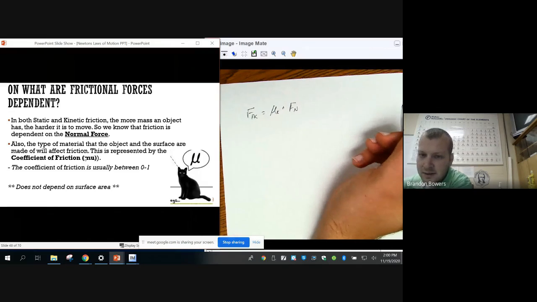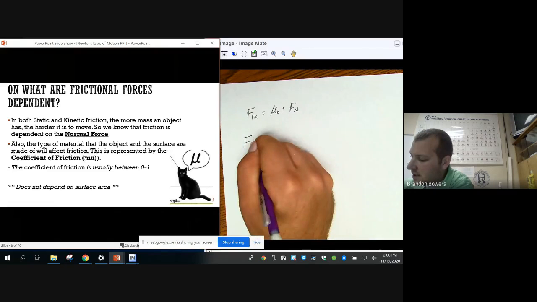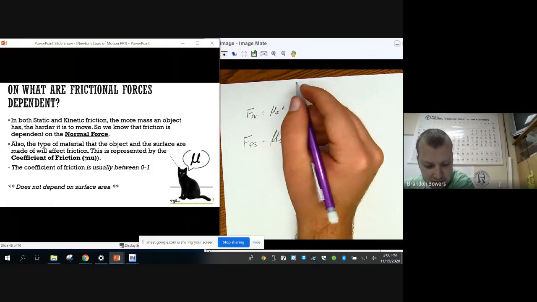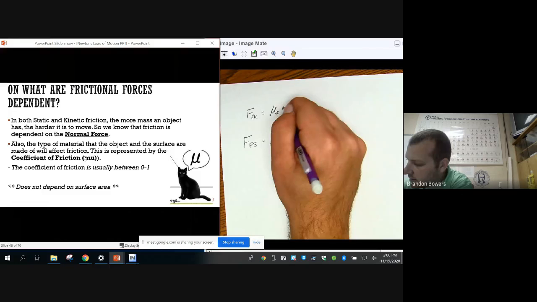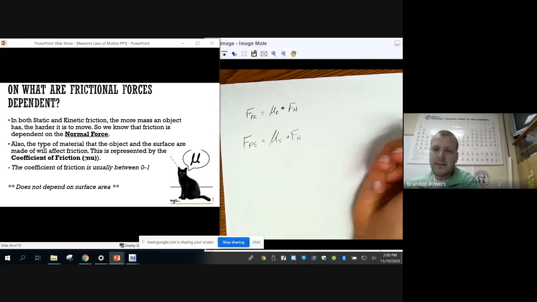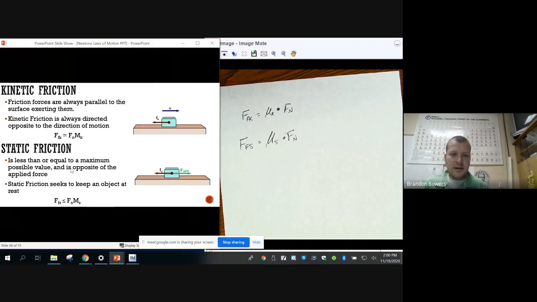And the other equation is the force of static friction is equal to the coefficient of static friction times the normal force. So there are our two equations, and that's just reinforcing.